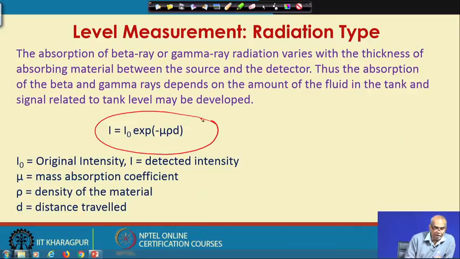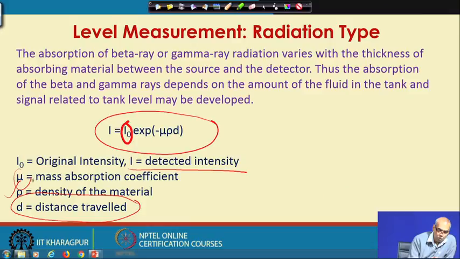The intensity of the radiation from the source, let us say I0, and I am measuring the intensity of the radiation when it is passing through the medium of, say, thickness d. So, the detected intensity is I and the distance travelled or the thickness of the material is d. The density of the material is rho and the mass absorption coefficient is mu.